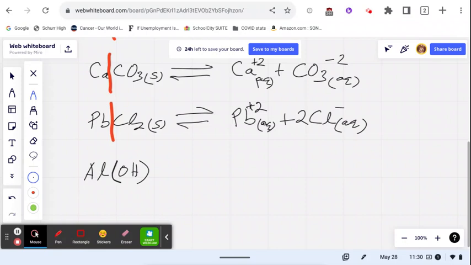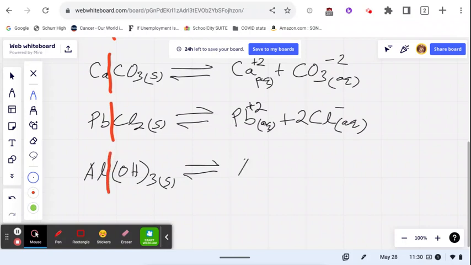Aluminum hydroxide looks like this. The parentheses is kind of a giveaway. It tells us we're going to have to break the hydroxide up from the aluminum. But we already knew that, even without the parentheses, because the first element is aluminum.